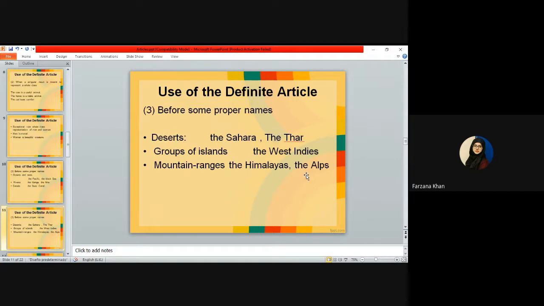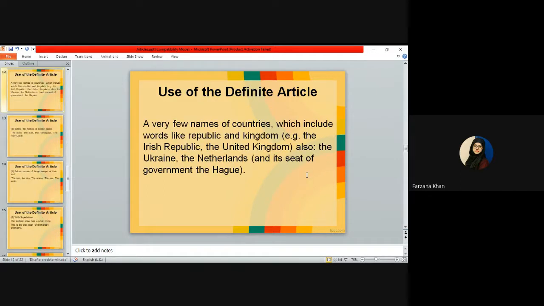It was rule number three. Let's move toward rule number four. This is a specific rule that you need to use the definite article with the names of a few countries. Keep in mind that definite or indefinite articles are not used with the names of countries.